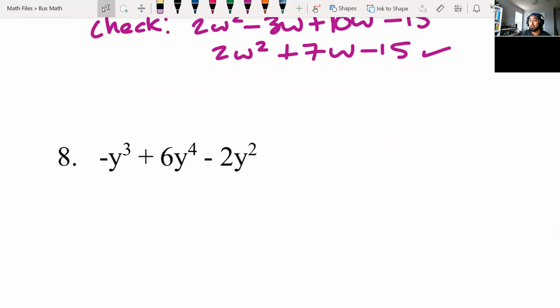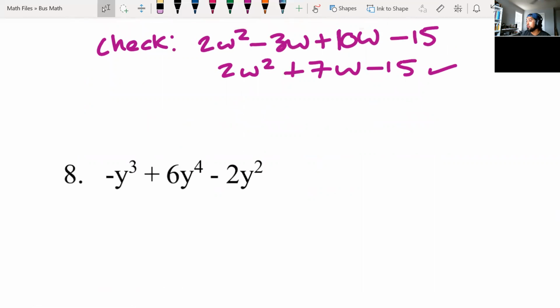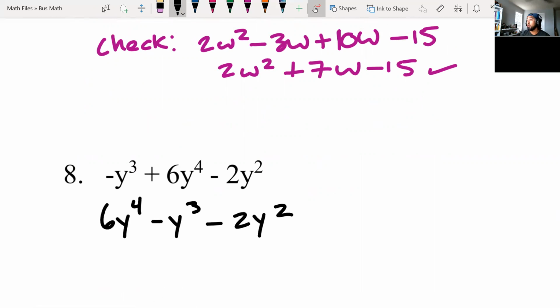8. Negative y cubed plus 6y to the fourth minus 2y squared. Again, I'm going to rewrite this with highest power first. So 6y to the fourth minus y cubed minus 2y squared. Now remember, the only way to factor it is if the highest power is 2. Right now, the highest power is 4. Whenever you see something like that, you should start looking for a greatest common factor.